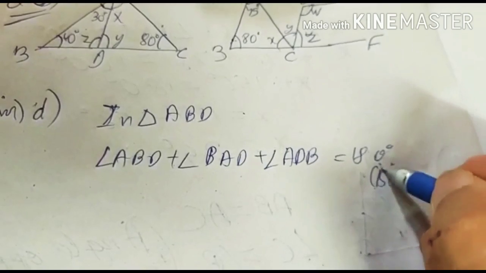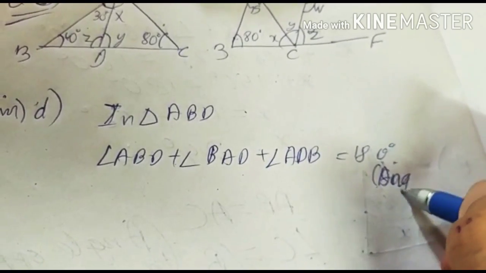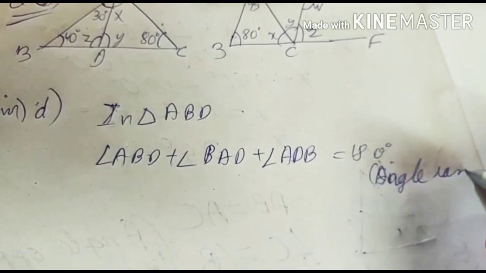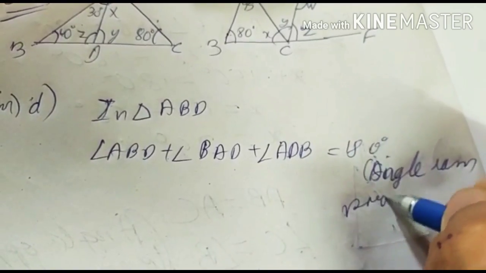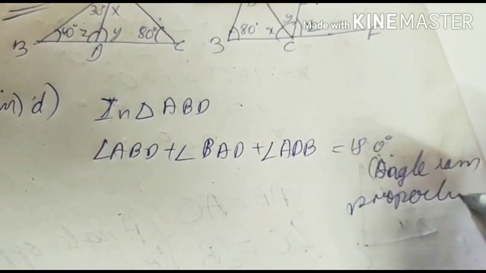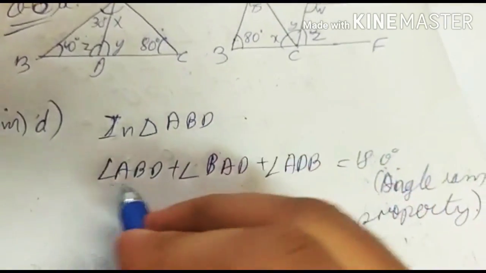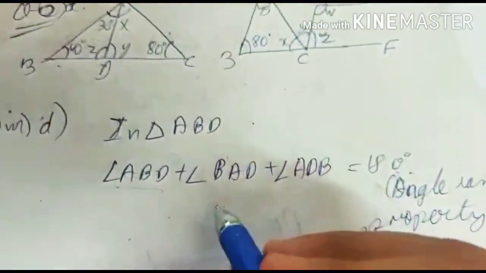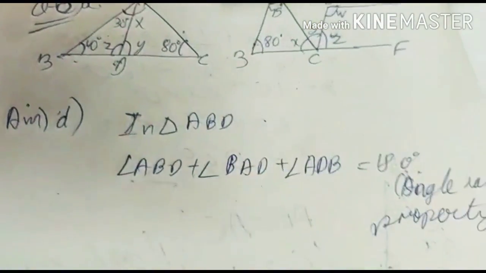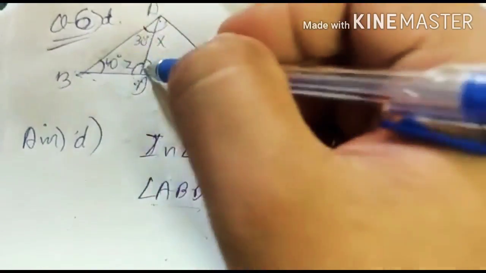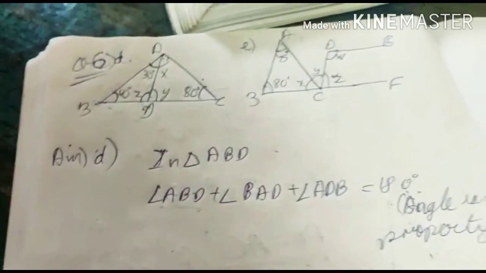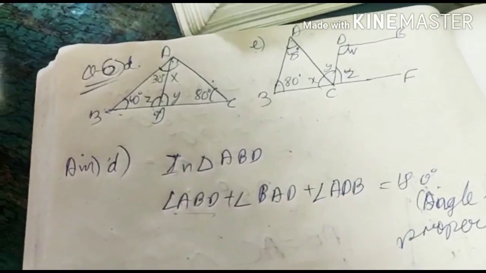Angle sum property. What I did: angle ABD means 40 degrees, angle BAD is 30 degrees, angle ADB is this z degree. The sum of these three angles in triangle ABD is 180 degrees as always.